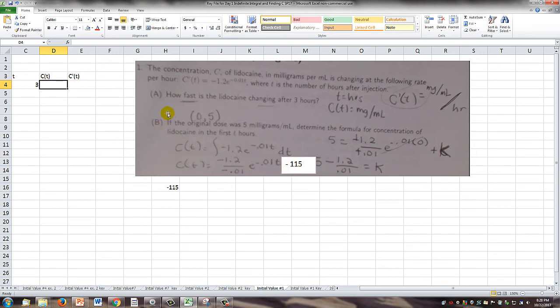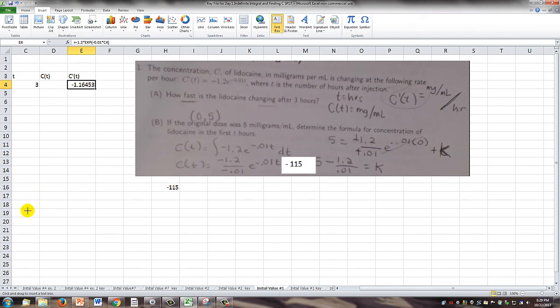And now I can answer the first question, how fast is the lidocaine changing after 3 hours? I put the 3 in, and which function would I use? This is the rate of change, so I would use this rate of change function. And I get that value. Just want to make sure I typed it in correctly. Okay. How fast is the lidocaine changing after 3 hours?